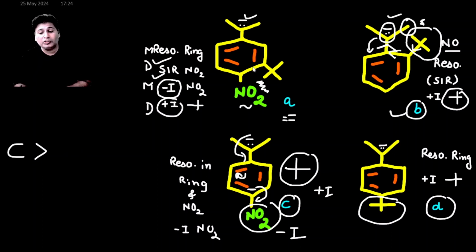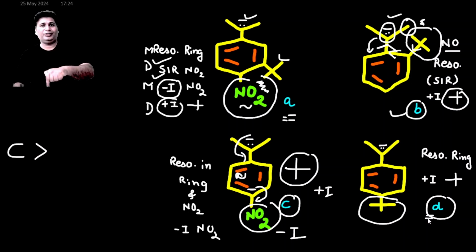After C, the A comes. Why does A come? Because the ring is participating in the resonance, and apart from that, NO2 is exerting the minus I effect. Although in D the ring was participating, NO2 was not there, and the minus I effect was not there, which could have stabilized the carbanion more.